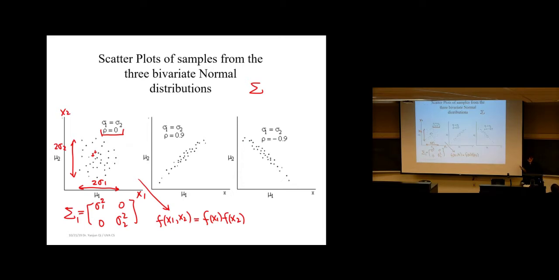So again, I'm trying to show you that when my covariance matrix is a diagonal matrix, my distribution is a naive distribution, which means my joint probability equals each individual probability multiplied together. All right, I hope you buy that. It needs a little bit of calculation, but it's actually pretty easy, just because the off-diagonal covariance equals 0 in this case.